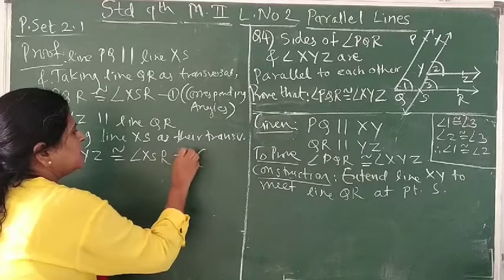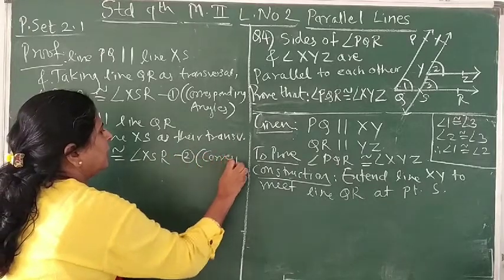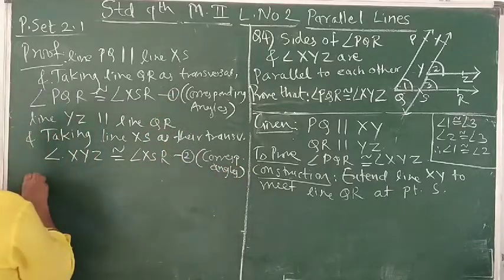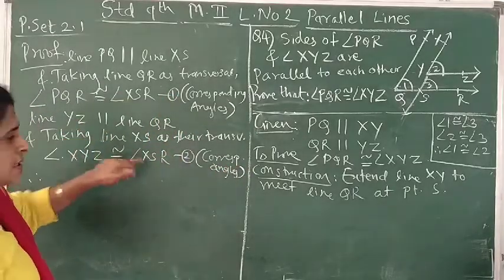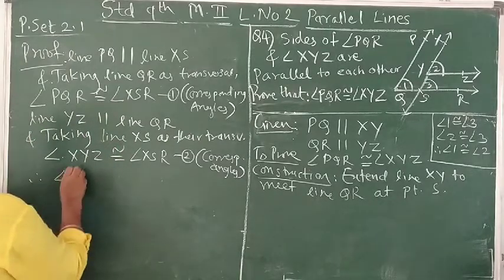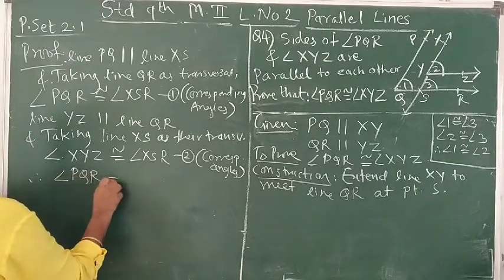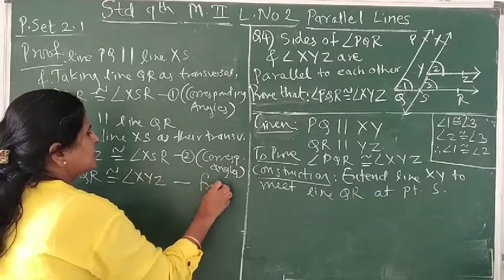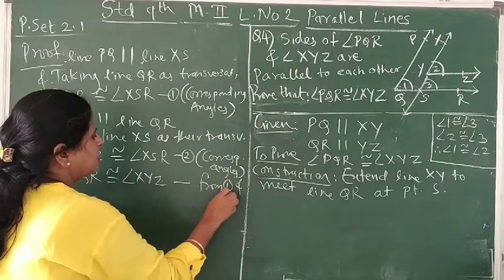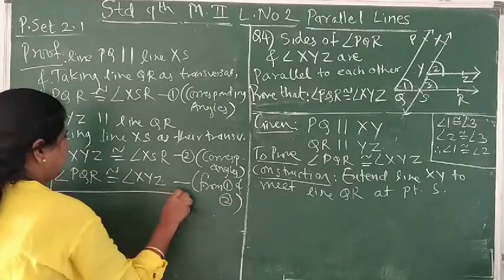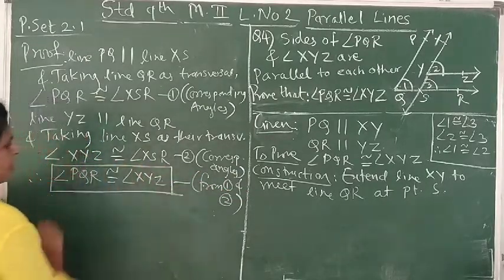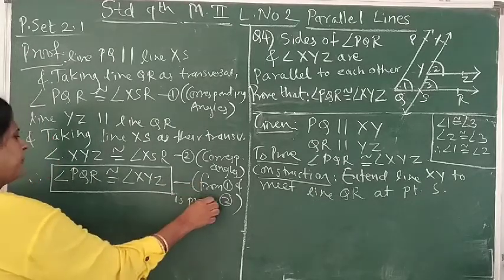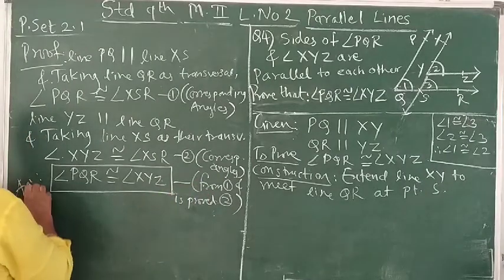Statement number 2. The reason is the same, corresponding angles. Now from 1 and 2, these two angles are congruent with the same third angle XSR. Therefore angle PQR is congruent to angle XYZ, from statements 1 and 2. In this way we have proved it. Hence it is proved. This can be your answer statement.